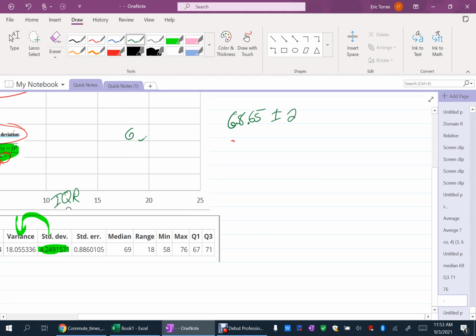So 2.1. That's half my standard deviation, which means approximately half of my data would represent heights between 68.65 plus or minus 2.1 inches taller or shorter than the mean.